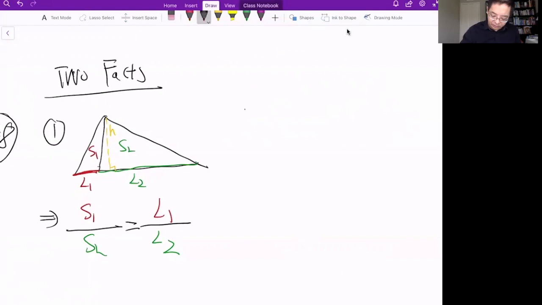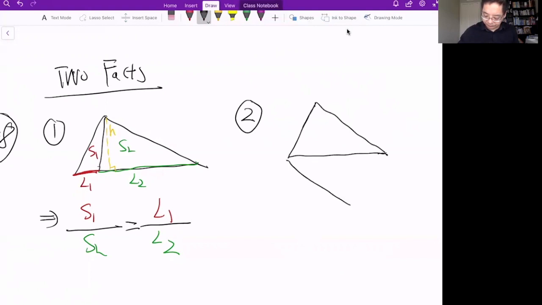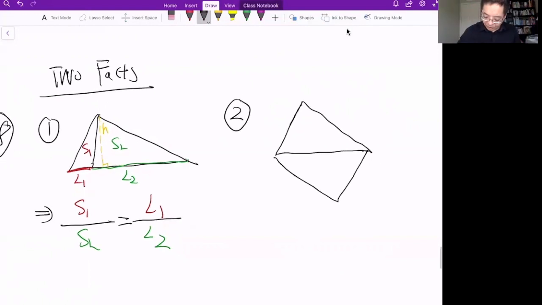Now the next one, fact 2: if we have two triangles that share the same base like this, a typical scenario, or we can flip it. Say S1 and S2 share a common side, and the height here is H1 and here is H2.